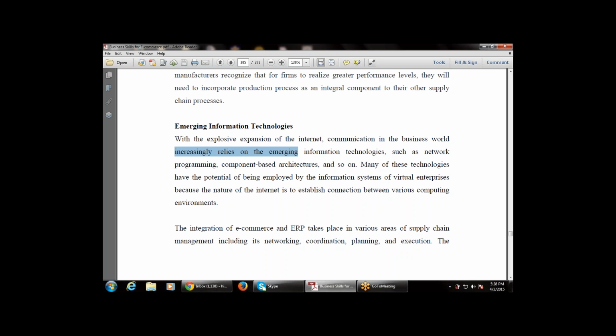The integration of e-commerce and ERP takes place in various areas of supply chain management that include networking, coordination, planning and execution.